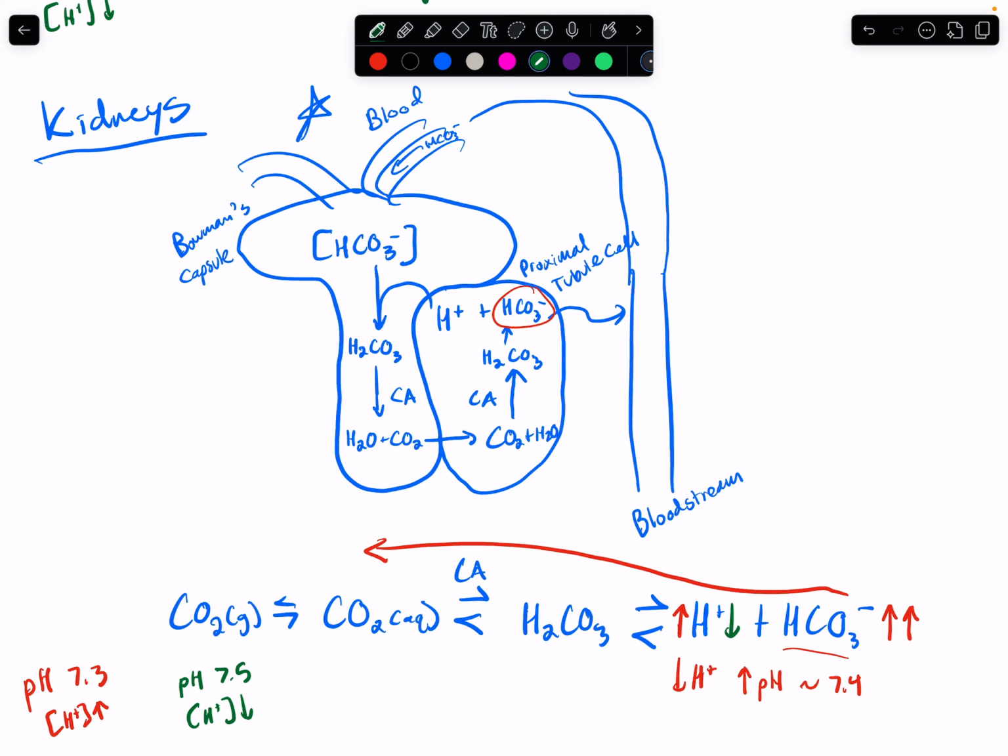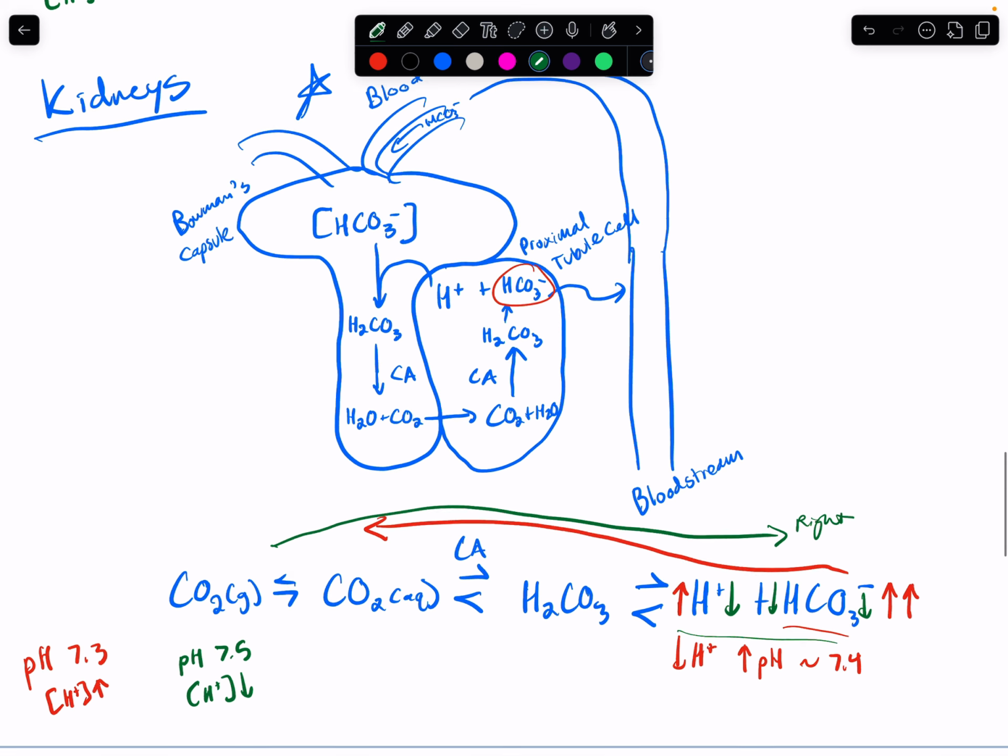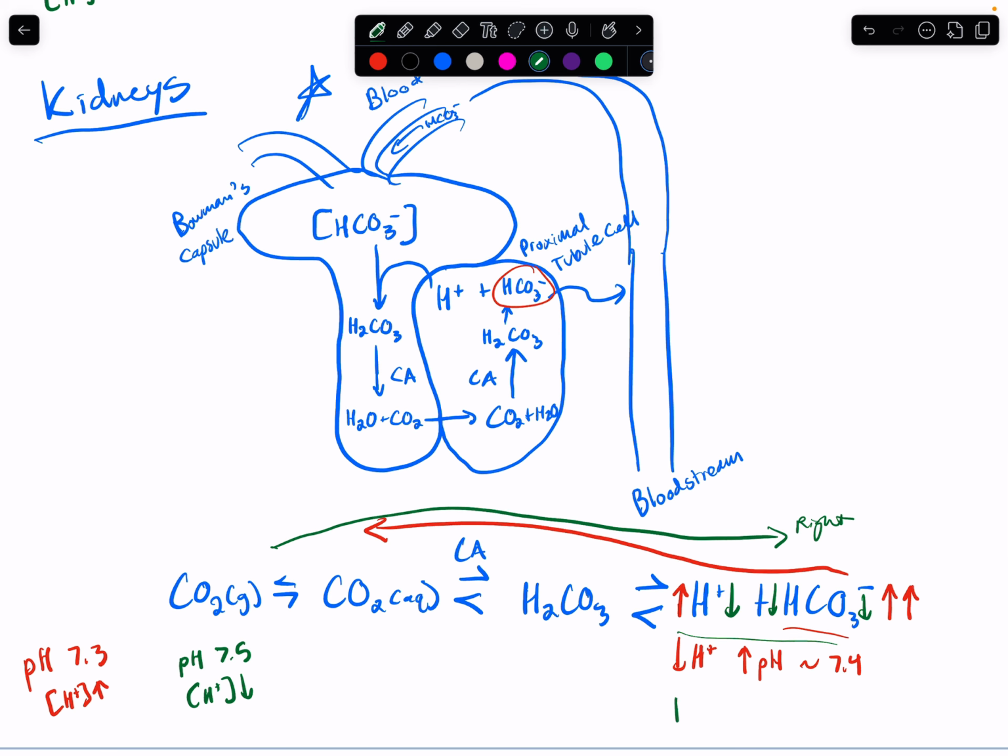So if we have a lot less of this bicarbonate released, the equation is going to want to shift to the right. We have less of these products, and we're going to want to make more, so we're going to shift towards the right. And when we shift to the right, we're going to end up increasing the hydrogen ion concentration, and by increasing the hydrogen ion concentration, we're going to end up decreasing the pH.